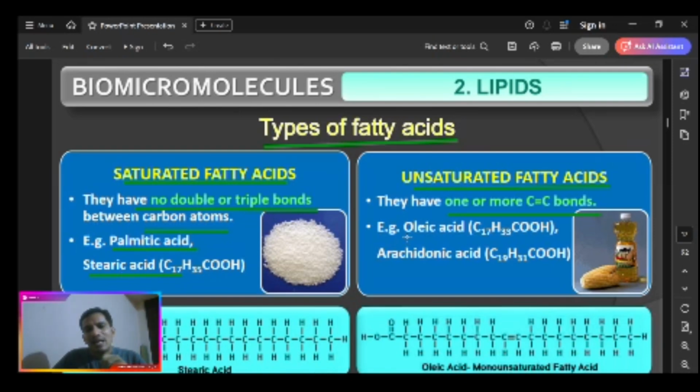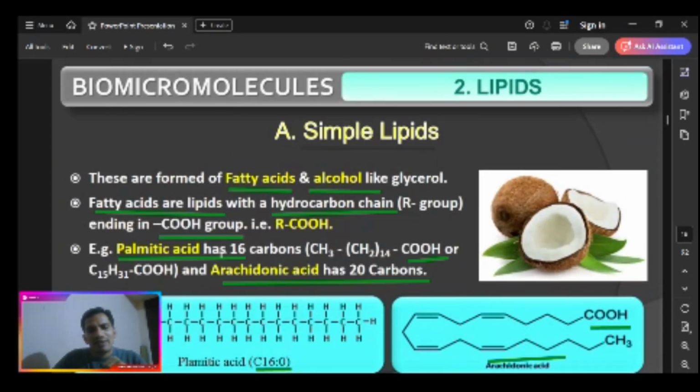And here are oleic acid and arachidonic acid. Arachidonic acid is a 20 carbon compound, and palmitic acid is 16.